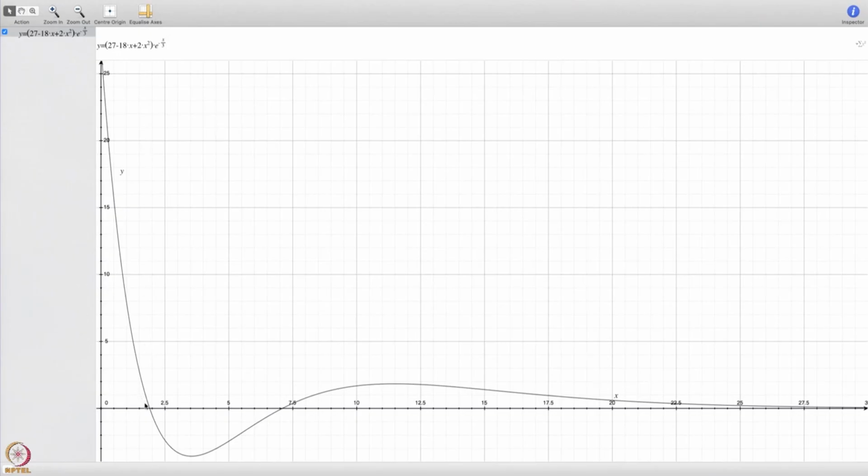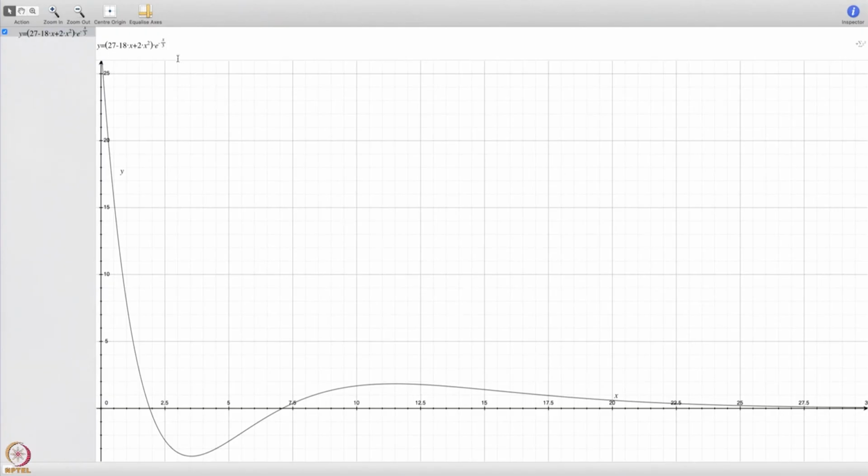So, here it is 0, here it is 0, and next it becomes 0 asymptotically at r equal to infinity. Okay. So, this here is your 2D depiction of 3s orbital. We will show you the 3D depiction also.